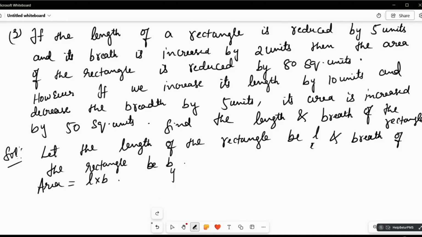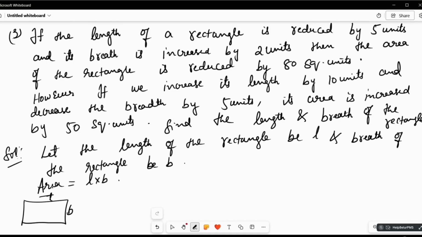See, your first reference, you keep it as this area. First, the rectangle area was L into B. Length is L and breadth is B. So area was L into B. For that, now we reduce by 5 units and breadth increase by 2 units.